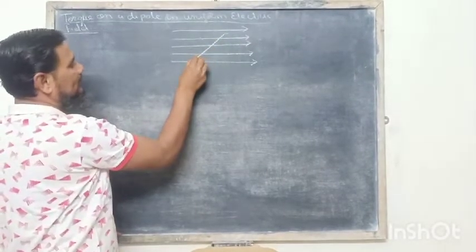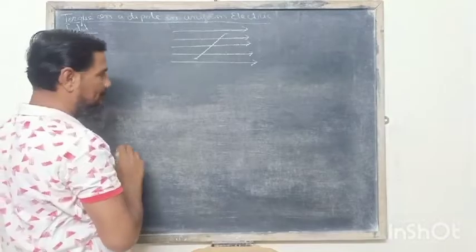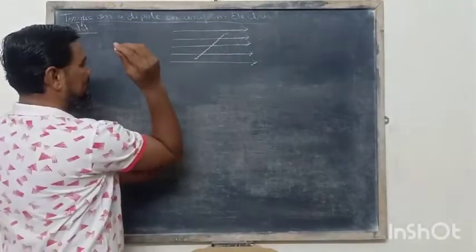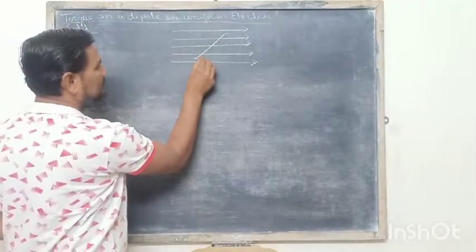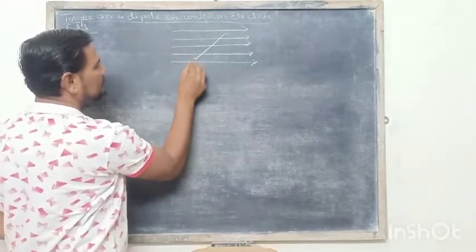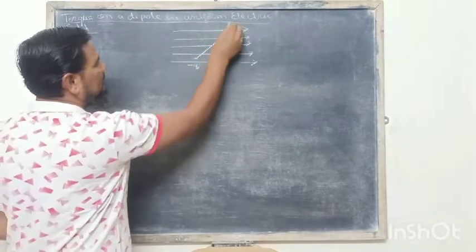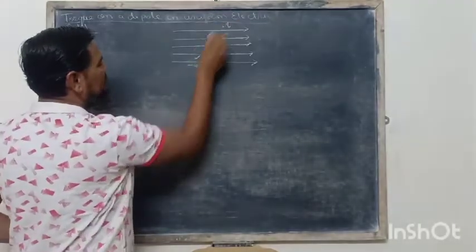The lines of force are parallel to one another. This is a dipole, and this is the minus q charge and this is the plus q charge.